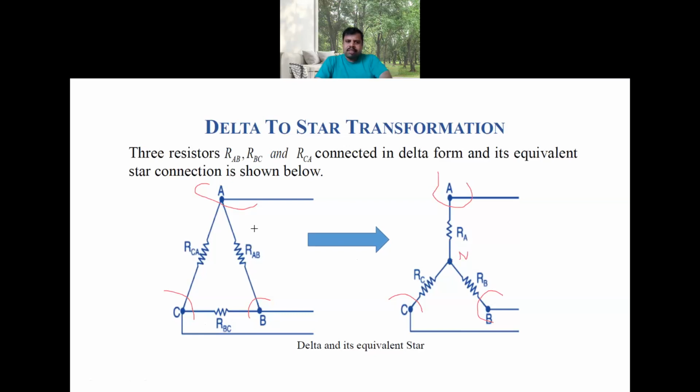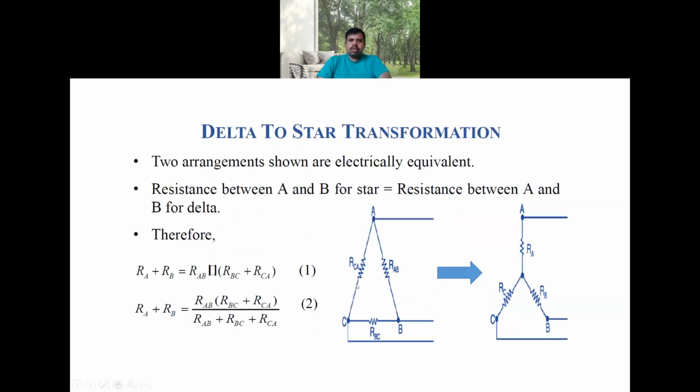Whereas in the delta connection, there is no common point. Now, first we will see how to convert from delta to star. If we are given delta connected resistances, how do we convert them into the equivalent star? We will see that procedure.